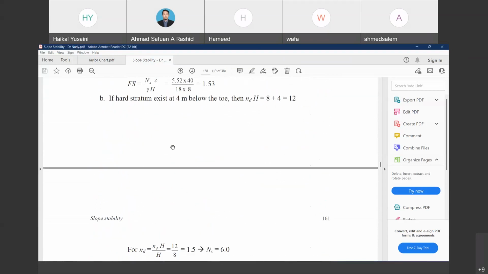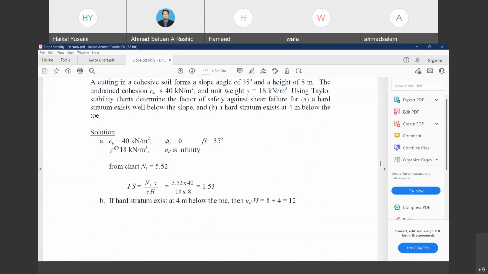We look first at the solution. So Cu is equal to 40, unit weight is equal to 18. Because the hard stratum exists well below the slope, they consider Nd equal to infinity. Then phi is equal to 0 and beta is equal to 35.